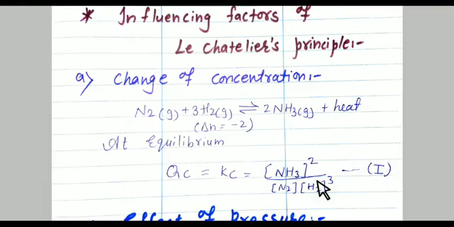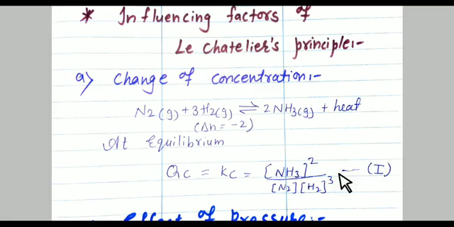Now there are different conditions. In stage 1, at the starting, the system is at equilibrium, as we have seen from the formula. Now, moving further, the equilibrium is disturbed.